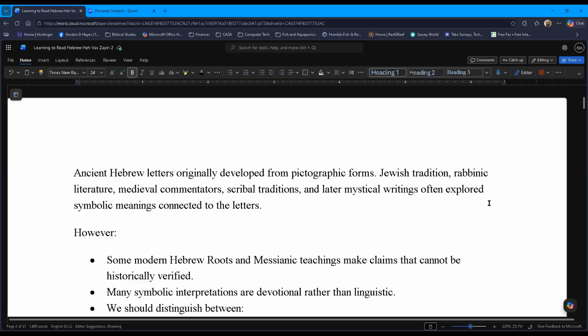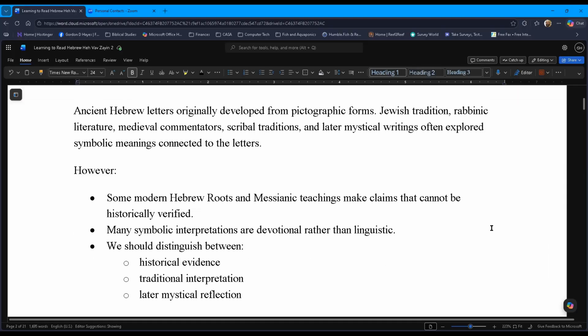There are some good ideas that come from the rabbinic literature on the letters. Medieval commentators, scribal traditions, later mystical writings, although we'll not get into that a lot. But there's some insights into the letters that help us gain a deeper meaning of the Torah if we use them properly.